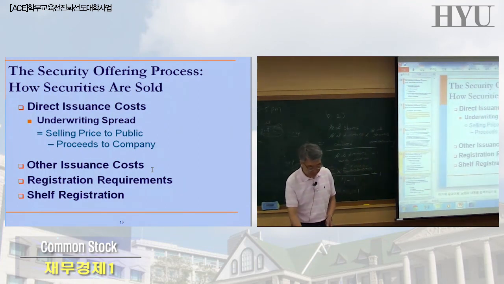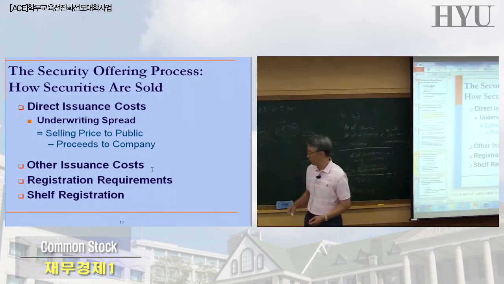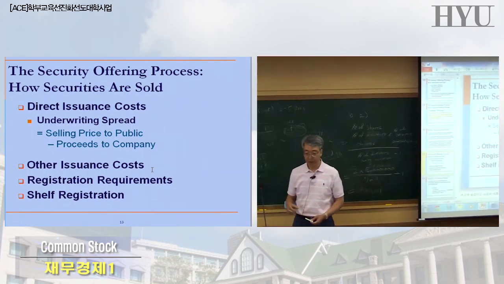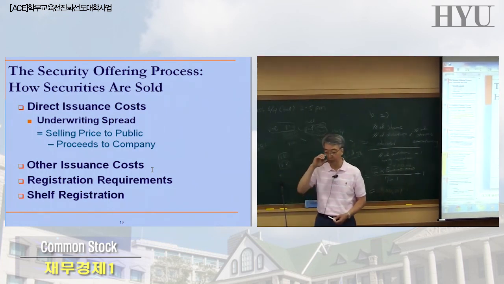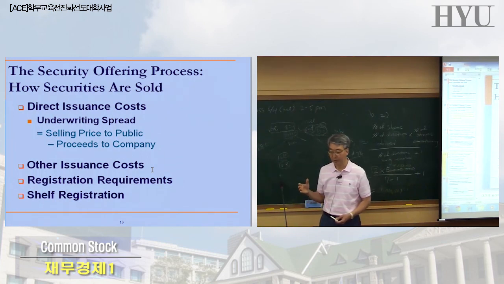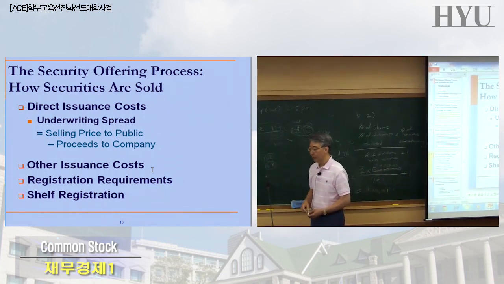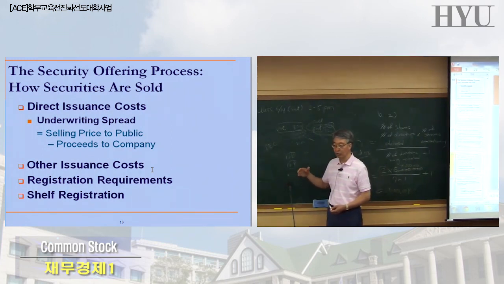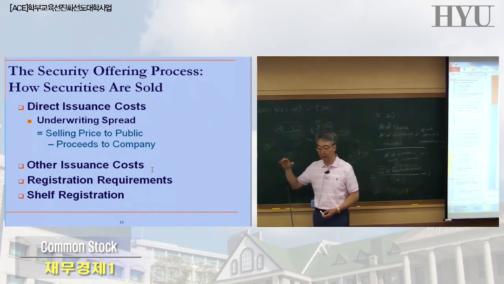You can file a master registration, and then without filing any additional documents like quarterly report or annual report, you can sell small increments of stocks for the next 2 years. So instead of filing all these documents every time you issue new stocks, you can file just one time, one master registration.